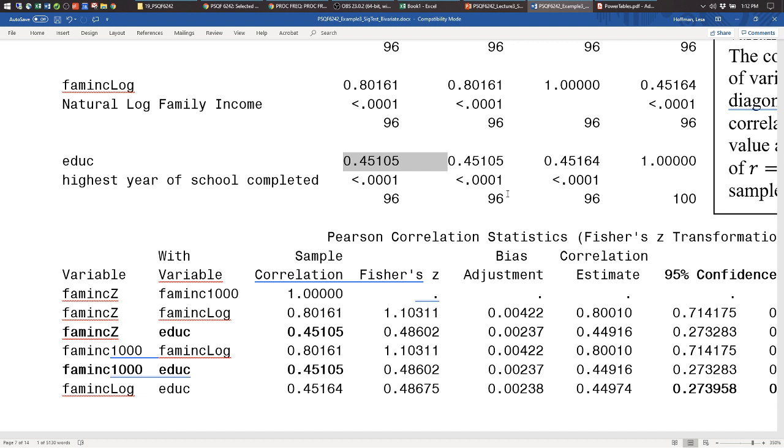Now what? Valid point or what? The statement reviewer 3 is making now is, I don't think you had sufficient power to find this correlation at 0.45.